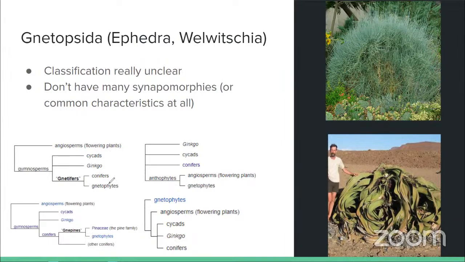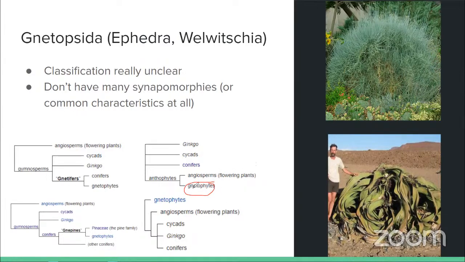Okay. So we can see here that in one of these examples, we have the gnetophytes as a sister group to our conifers, right? And then the cycads and the ginkgos doing their own thing at potentially a three-way split. Another possible arrangement is that the gnetophytes are actually a sister group to the angiosperms.